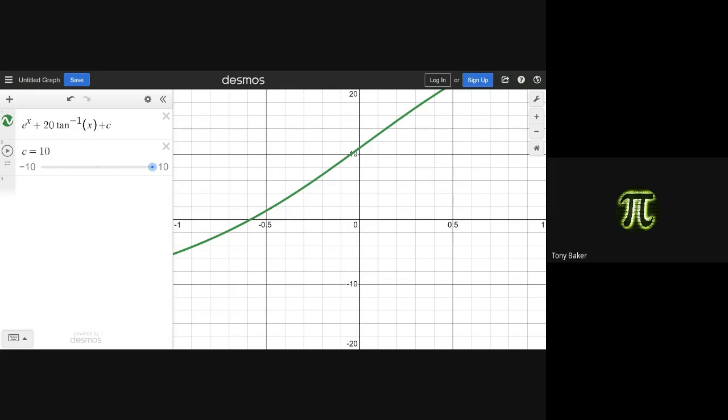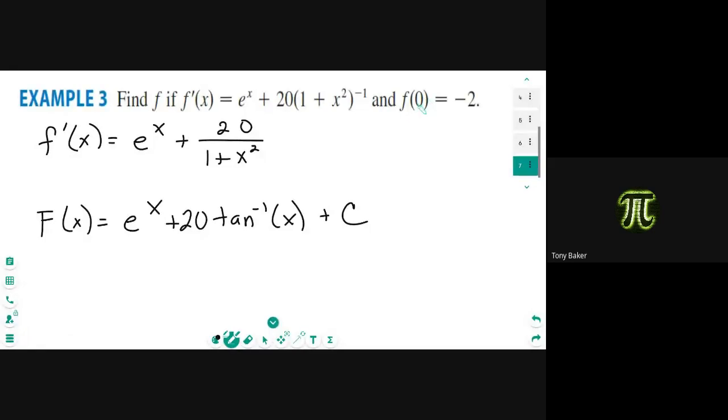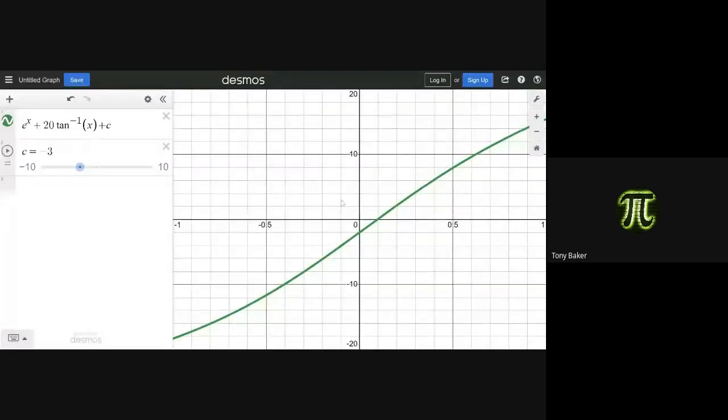So this problem gave me and said that when f of 0, so that's the x, the answer is -2. So I would shift this one so that at 0, I have -2.